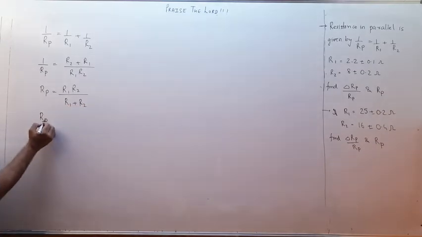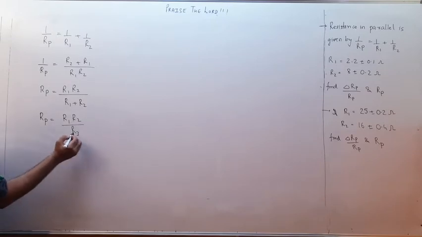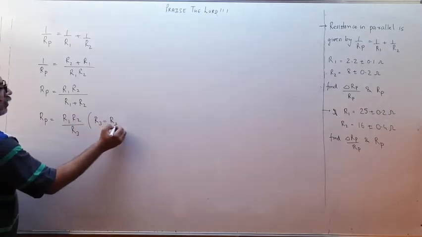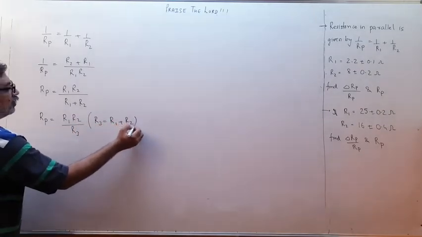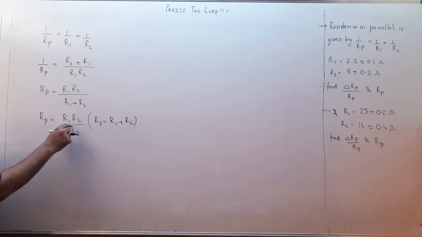So Rp will be called as R1 R2 upon R3. I take R3 as R1 plus R2 for the time being. So just keep in mind that R3 is R1 plus R2. So just like X is equal to AB upon C.